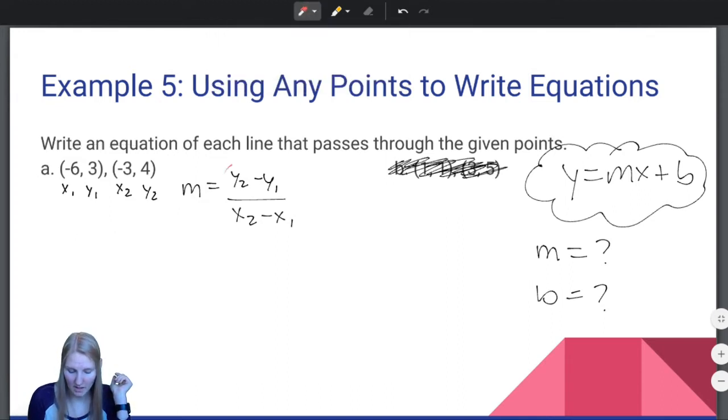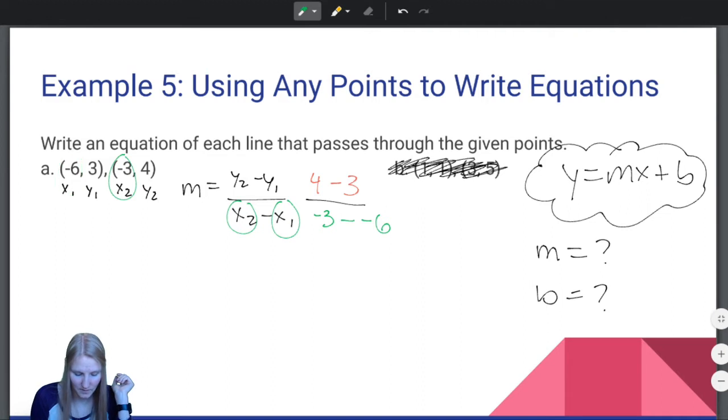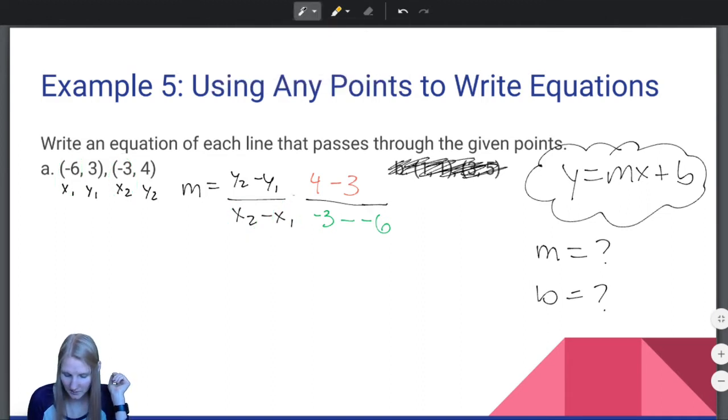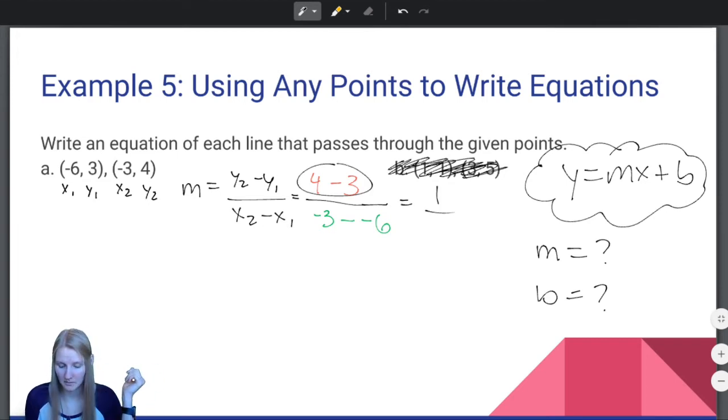All right, y2 is 4 minus y1 is 3 divided by x2 is -3 minus x1 is -6. All right. And 4 minus 3 is 1.